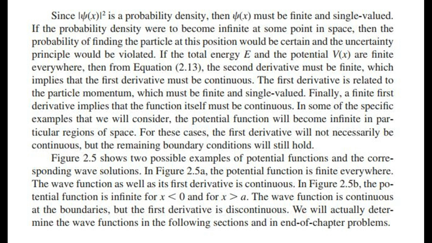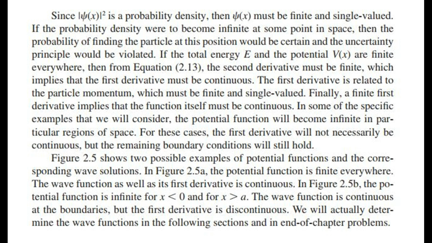In some of the specific examples that we will consider, the potential function will become infinite in particular regions of space. For these cases, the first derivative will not necessarily be continuous, but the remaining boundary conditions will still hold. Figure 2.5 shows two possible examples of potential functions and the corresponding wave solutions.